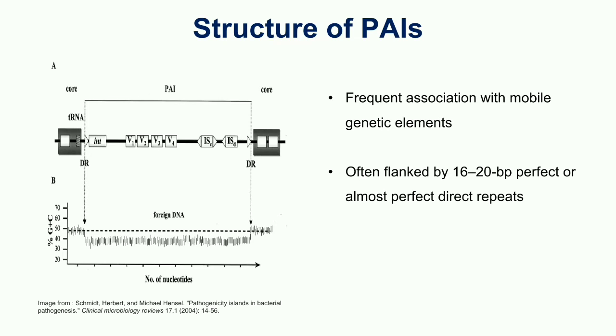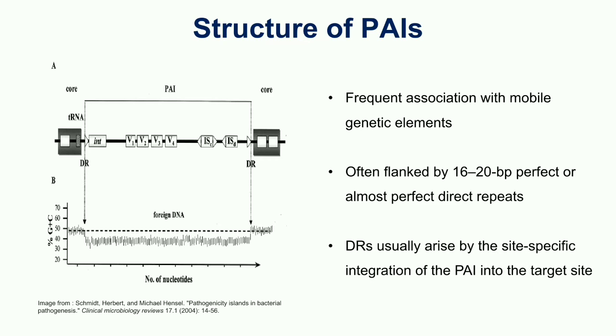These direct repeats may perfectly align with the site specific integration sequence on the core genome, or they may also align imperfectly. Direct repeats usually arise by site specific integration of the pathogenicity islands into the target site.